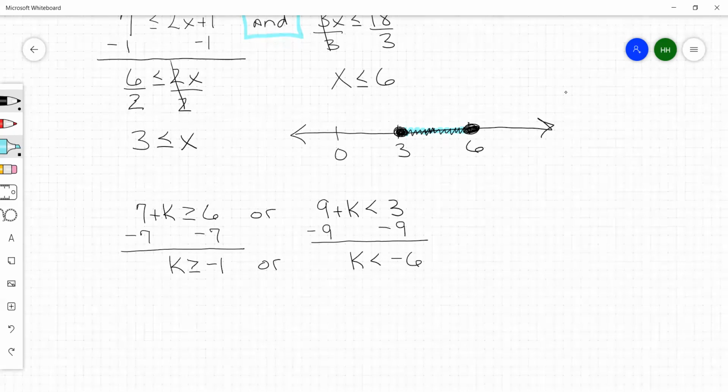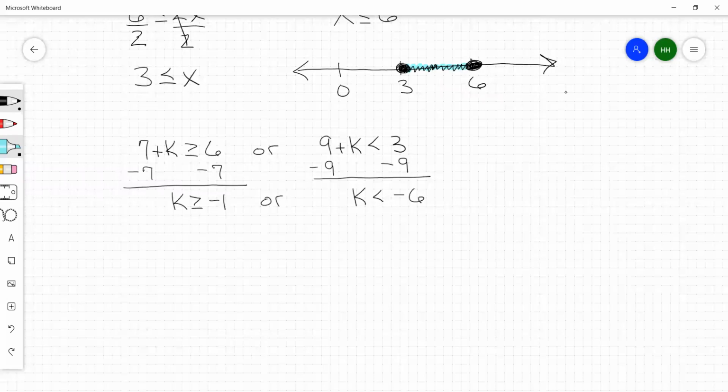So when you graph these solutions, they're going on one graph again. On the graph, the -6 is further to the left than the -1. So we are greater than or equal to -1, so we're on the -1 and we're closed.